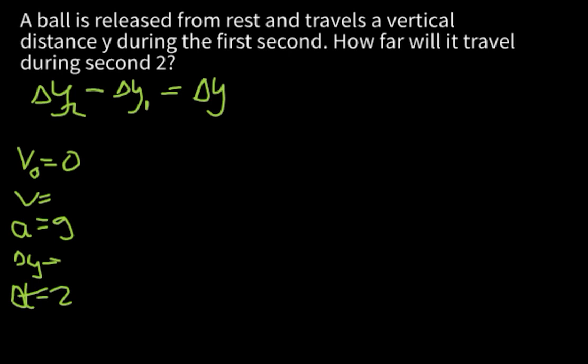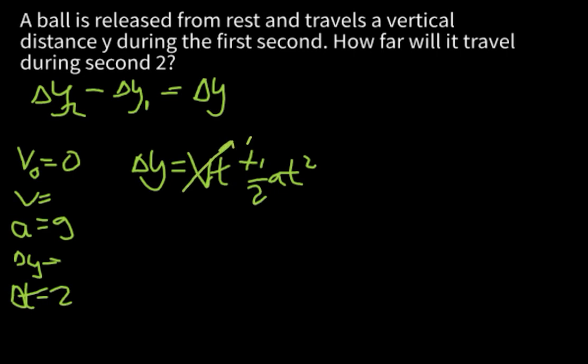So how far would the ball fall during both seconds? Right, so we're going to use the kinematic equation delta y equals initial velocity times time plus 1/2 at squared. Alright, so delta y for both seconds, this becomes 0, is going to equal 2g.